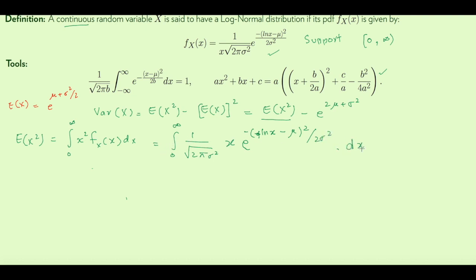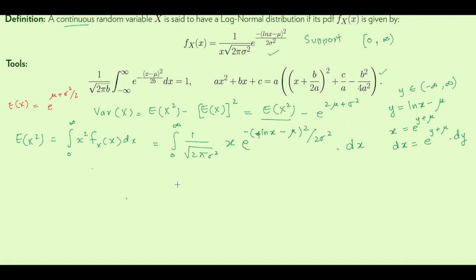Okay, now what do we do? We do the same story. We say y is equal to natural log of x minus mu. We have already seen that x is equal to e to the y plus mu, and dx is also equal to e to the y plus mu times dy. And then the limits of y are from minus infinity to infinity.